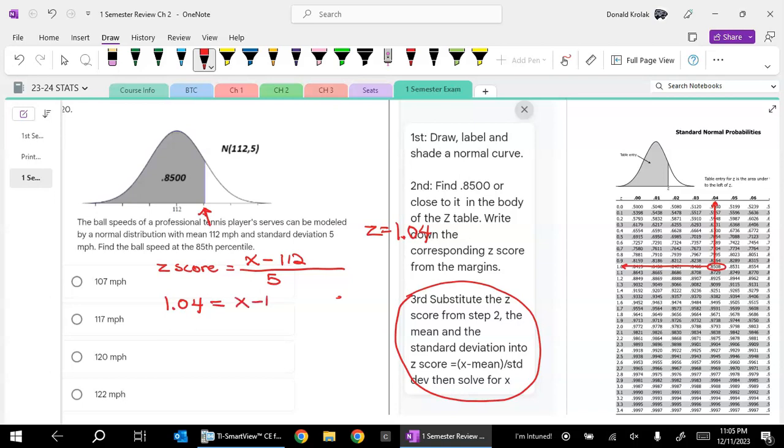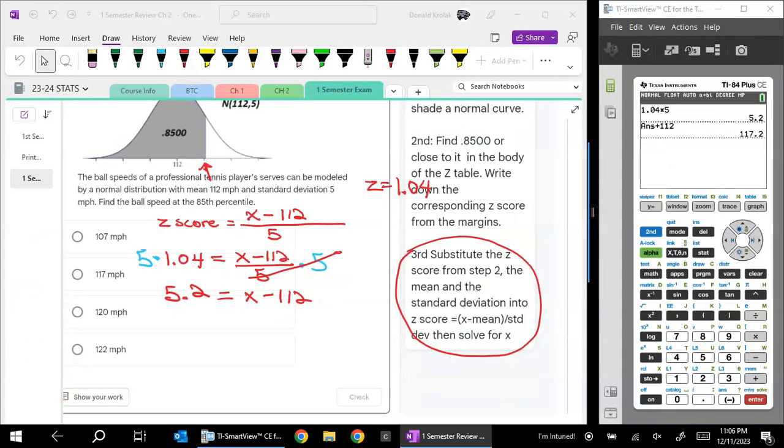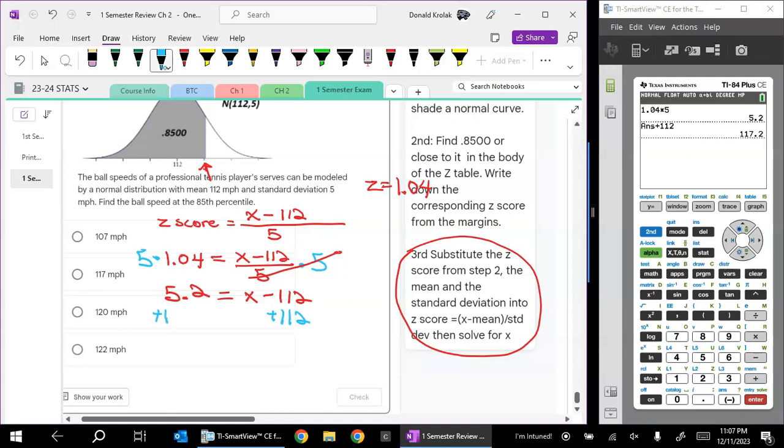So we're going to solve this equation for x. So we do that by multiplying both sides by 5. All right, so 5 times 1.04 is 5.2. Then I'm going to add 112 to both sides. And I end up with 117.2 is equal to x. So that's 117 miles per hour. That would be this number right here.